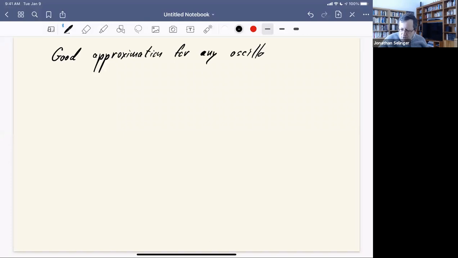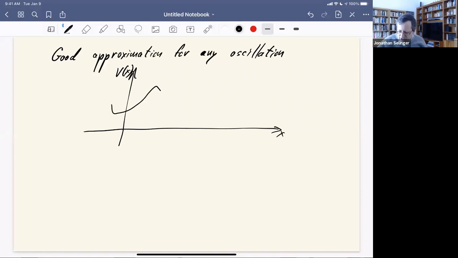So if you have any old potential energy function, some V of any coordinate x, and it has some complicated shape, whatever. But it happens all the time that you get small oscillations about a particular minimum, about this minimum, for example.